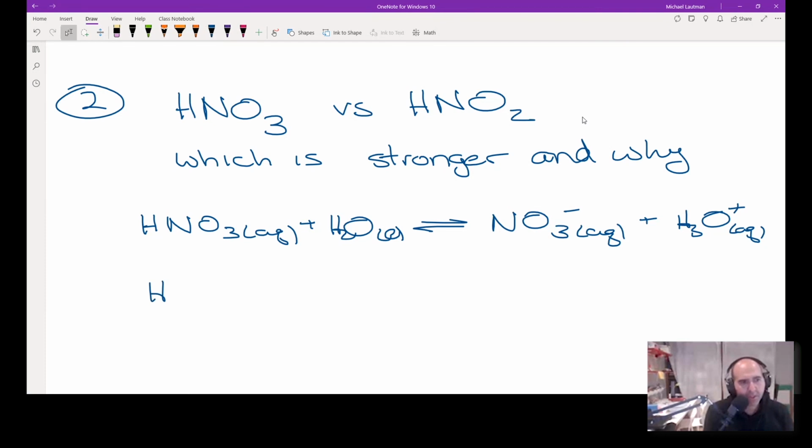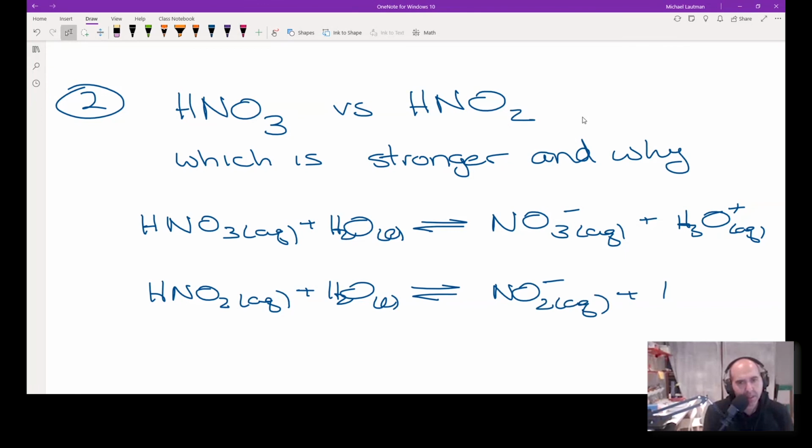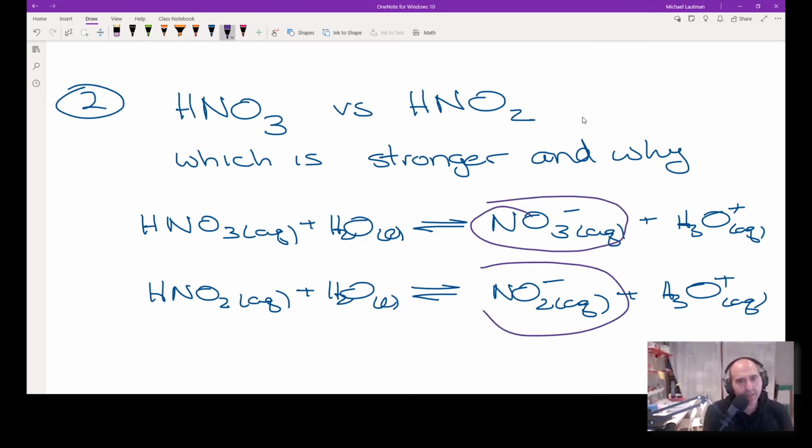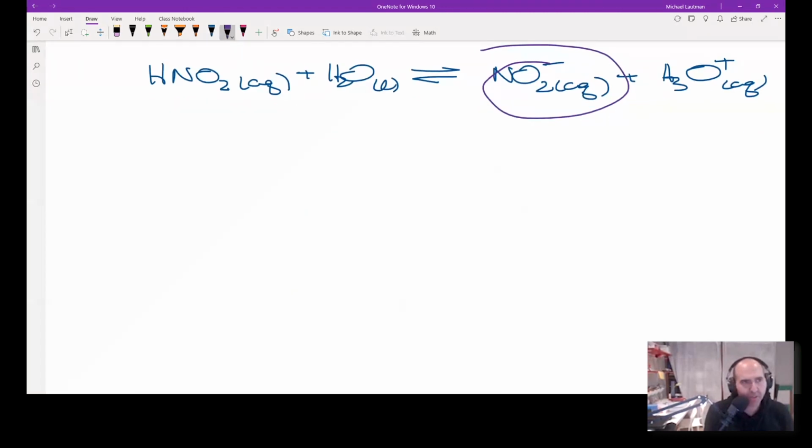And then I have HNO2 reacting with water to give me NO2 minus and H3O plus. So I'm going to be comparing nitrate and nitrite. Now these are polyatomic, so I need to draw structures. So I'm going to draw the Lewis diagrams. Now I happen to know these ones.